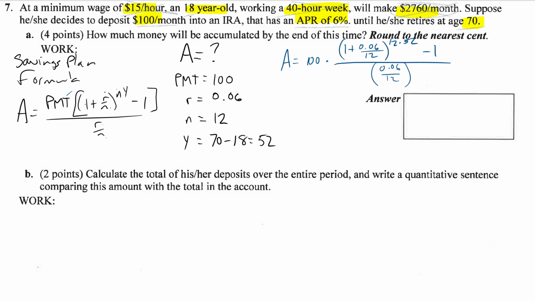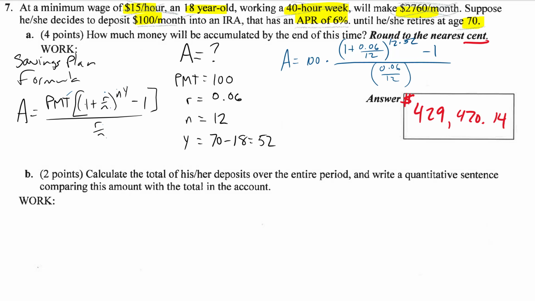You're going to want to be careful when you do this, putting it into the calculator. I ended up getting something that looks like 420,420.14, and I think it's a 1 after that, so that should be correct, rounded to the nearest cent.